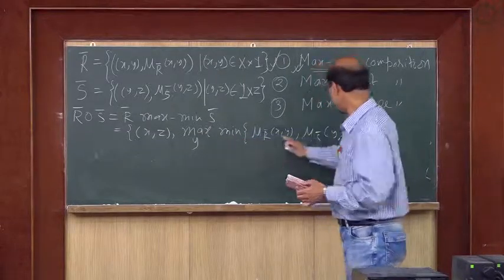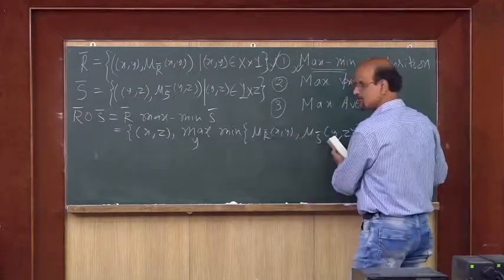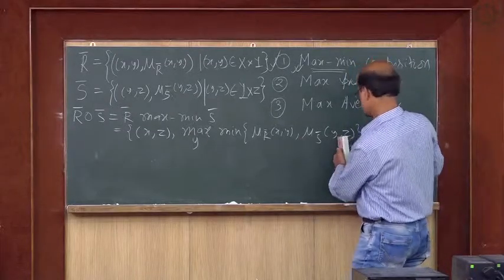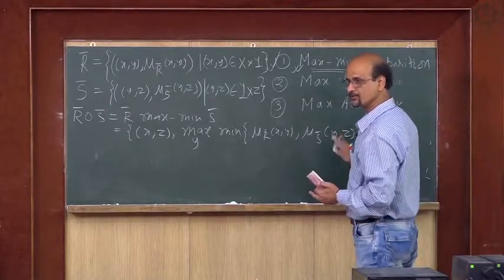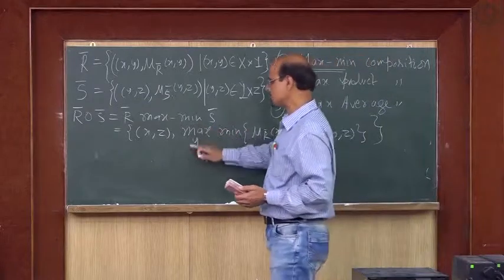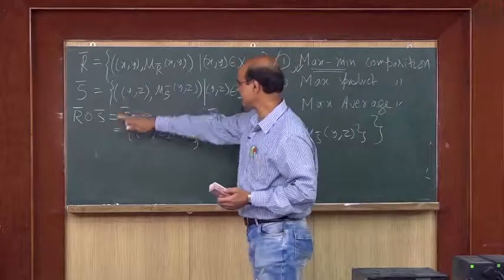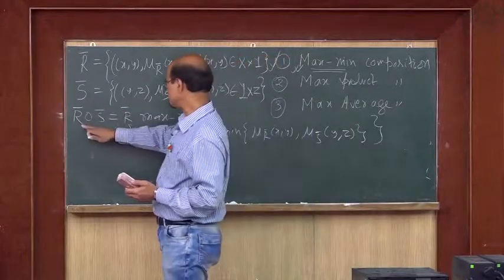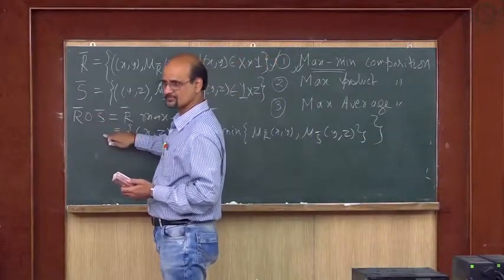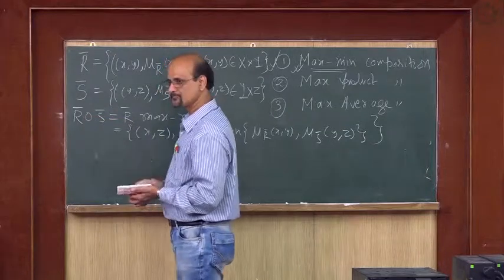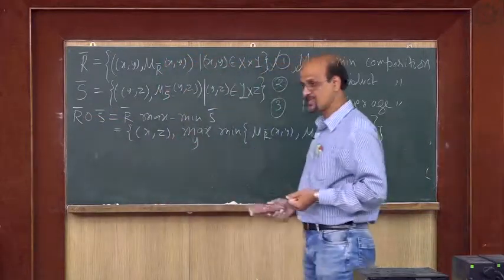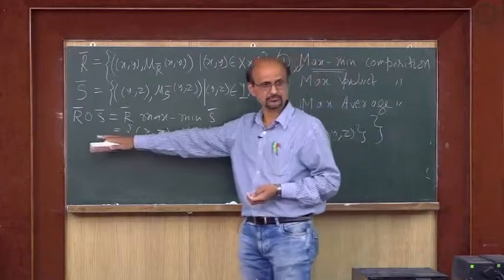Maximum over y of the minimum of all those mu R bar (x, y) and mu S bar (y, z). So this is your max-min composition, given R and S, how you composite R bar with S bar. Let us take one example and see how you can find this composition.